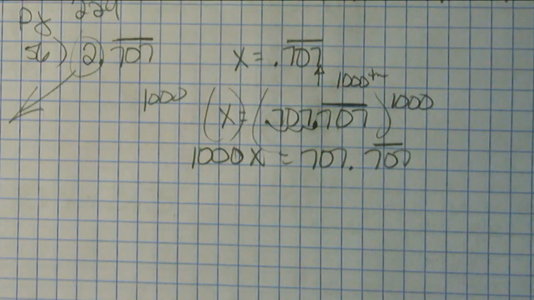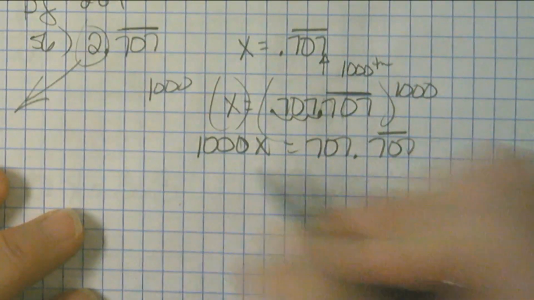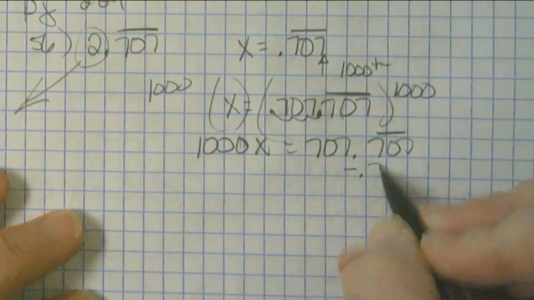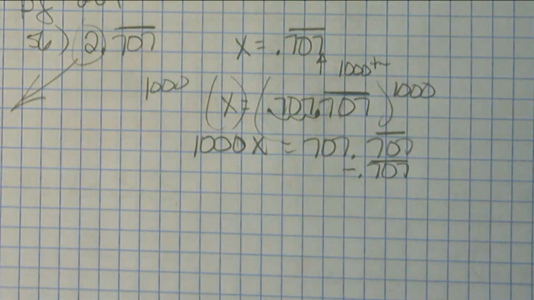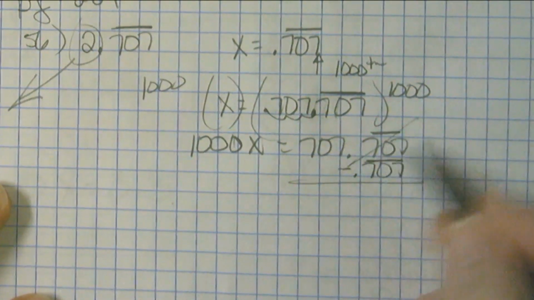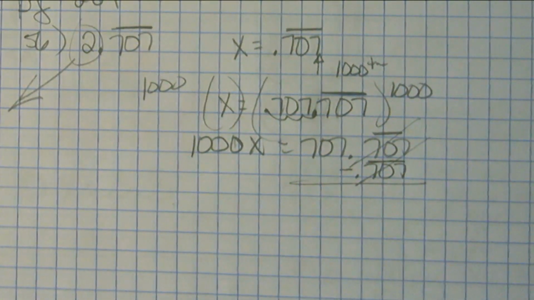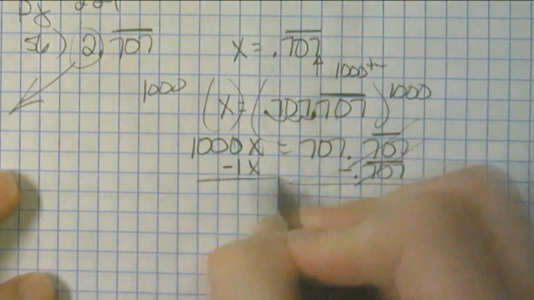Question so far? All right. So now I want to subtract that 0.707 repeating off, because that's the problem. I don't want that repeating part on there at all. Well, 1x equaled 0.707 repeating, so I have to subtract a 1x off the other side.